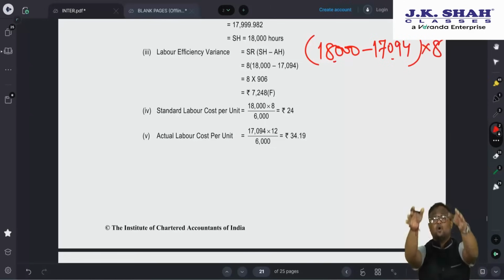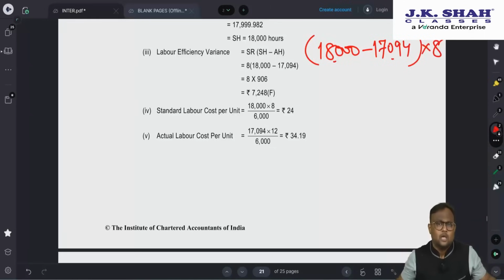And since efficiency variance is a responsibility of workers, I cannot apply actual rate because actual rate is not a responsibility of workers. If you take actual rate, that means you are holding them responsible for actual rate as well. So, we have to go back to standard rate. And then finally, standard hours 18,000, standard rate 8. That will give you standard cost.